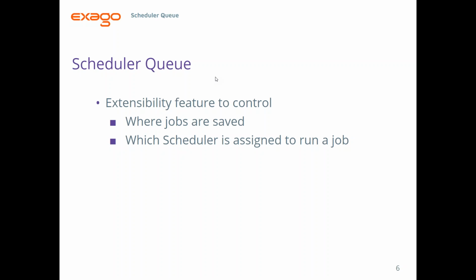This code is going to handle saving those jobs, and it's going to handle assigning schedulers to those jobs, but the scheduler itself isn't going to hold on to that job any longer than when it's running it. It's only going to say, hey, give me the job, I'll run it, and then I'll give it back. It's not going to try to hold on to it and run it every time that scheduled job has a recurrence.